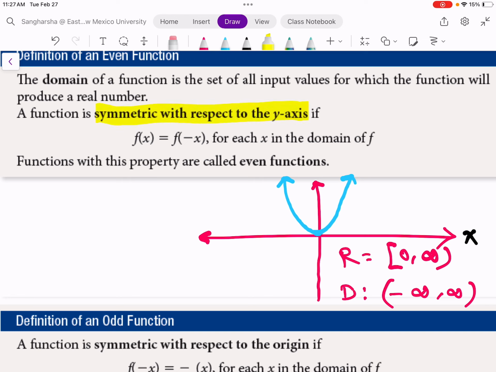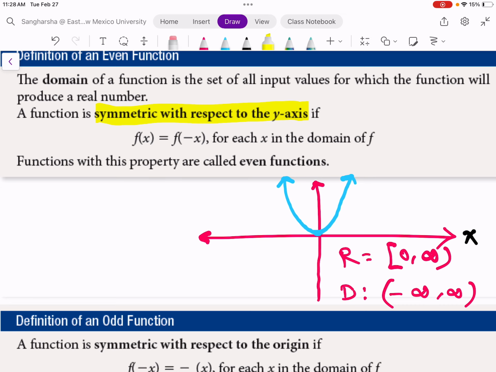Symmetric with respect to the y-axis means your y-axis divides the graph exactly into two identical parts. Similarly, if the x-axis divides the graph exactly into two identical parts, then that is symmetric with respect to the x-axis.